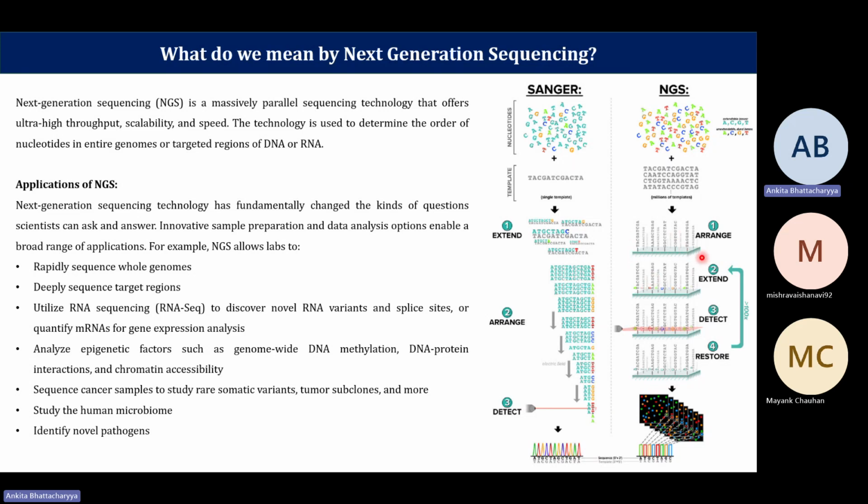Imagine a slide or a chip onto which these can be arranged. Then extension via PCR is carried out, and you detect which base gets incorporated at each position using a laser, which identifies which fluorochrome just got integrated, and that effectively gives you the sequence of the region that you are studying.